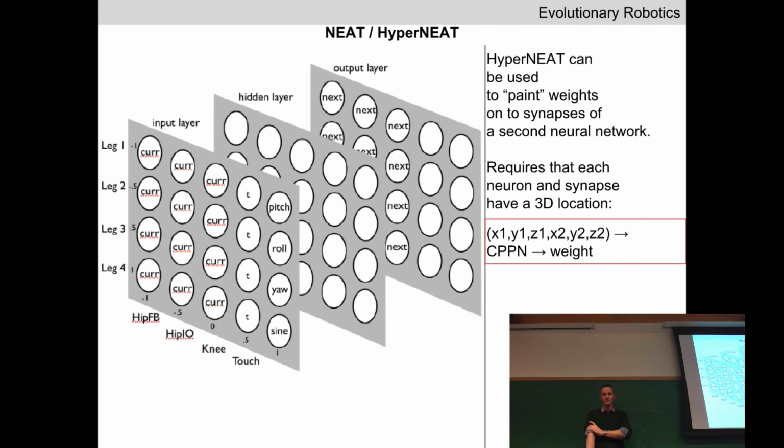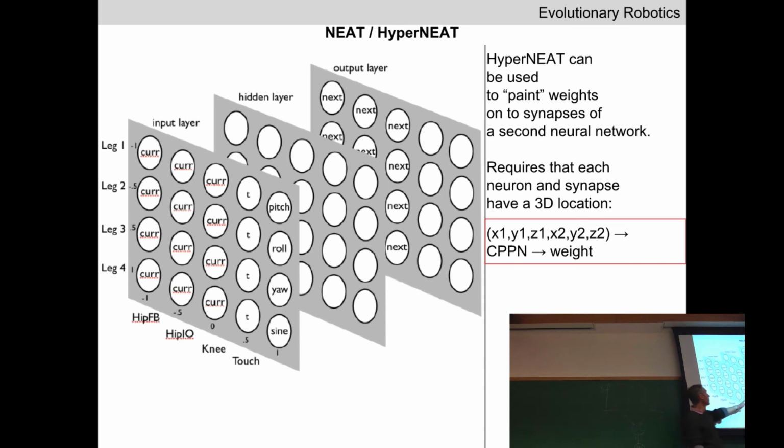Why are there 5 circles? There are 4 rows, so we've got the forward and back hip joints and the inward and outward hip joints. We have the 4 proprioceptive sensors at the knees. We then have touch information, so we have 4 touch sensors, 1 in each of the feet.